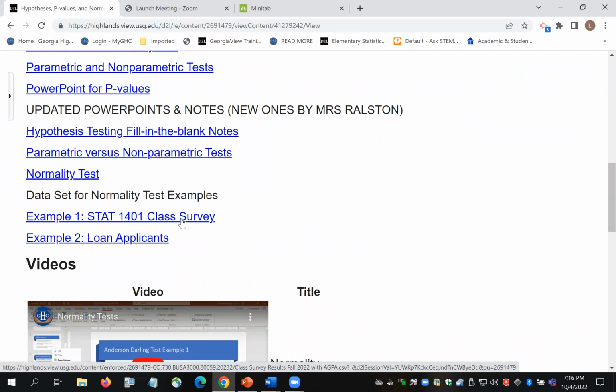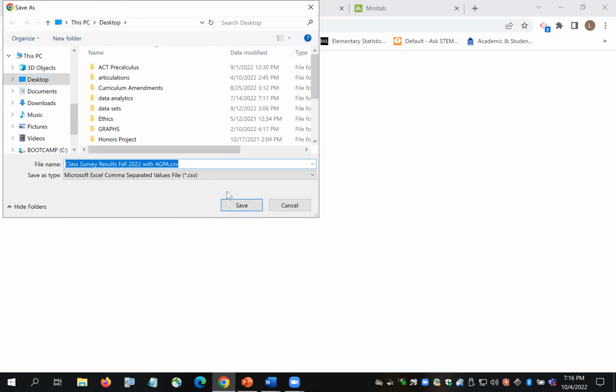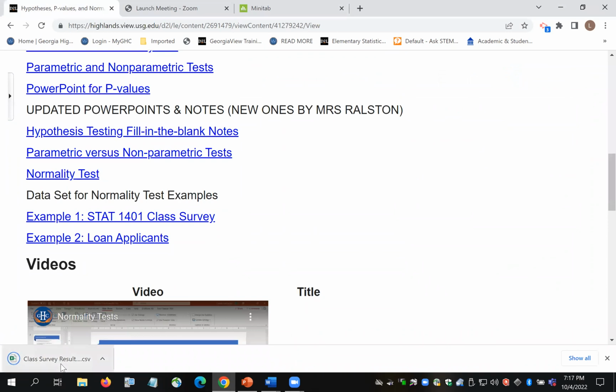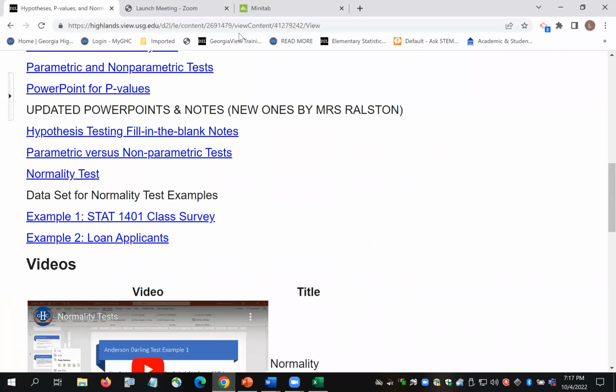Okay, so I'm going to click on that data set and I'm going to save it to my desktop. And I notice that this is in the form .csv. So in order to get it into Minitab, I'm going to have to copy and paste. Okay, so let me get Minitab open first.